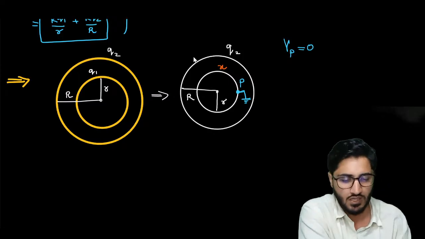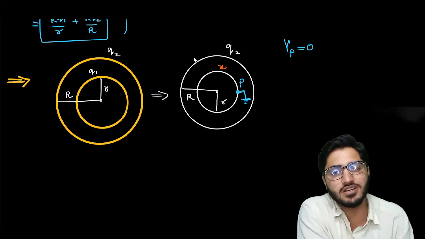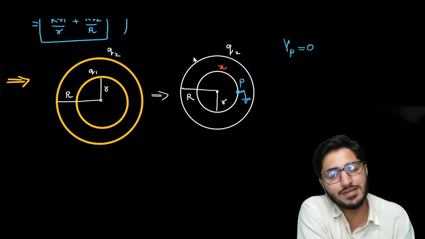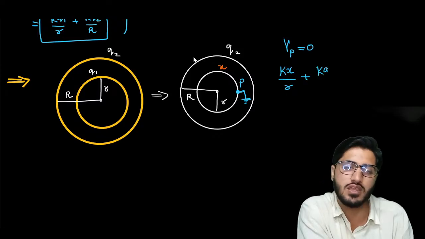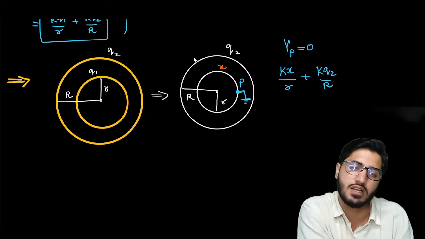Now, as per the formula we used in the previous questions, what is the potential of the point P? It would be K Q, where Q is x, by r, plus K Q2 by R. It is VP.